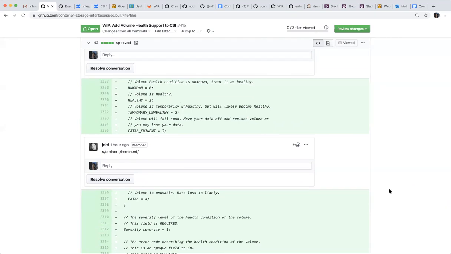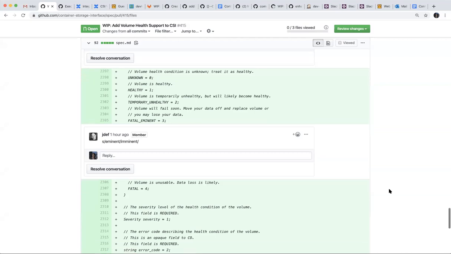And last time, we had some question on how to differentiate between the errors reported from the controller side and from the node side. I think that if a CSI driver has both controller and node plugins, it of course should try to report different types of errors.